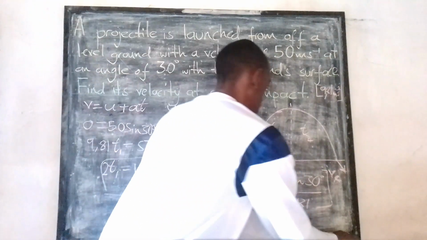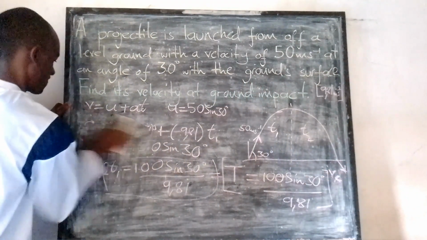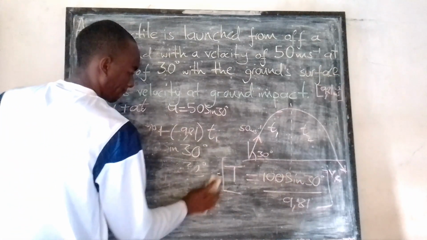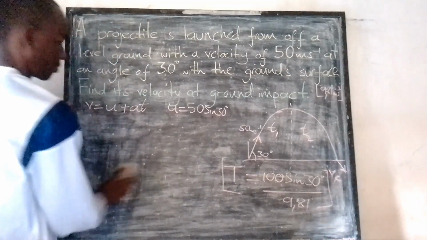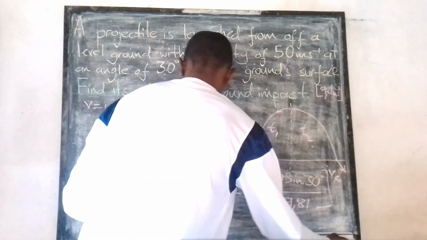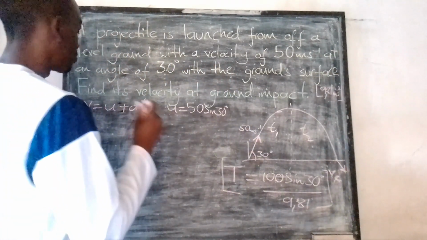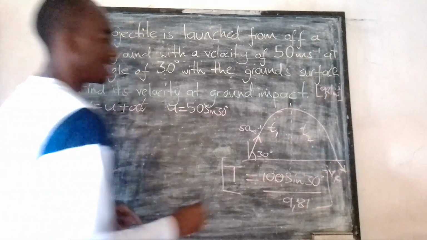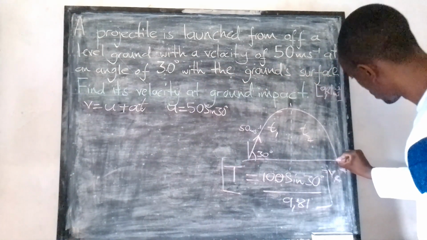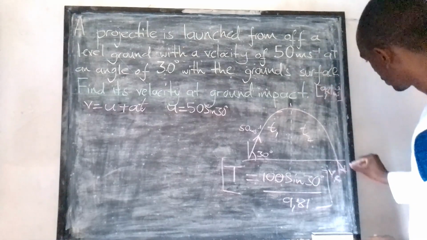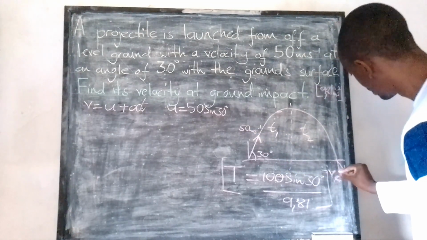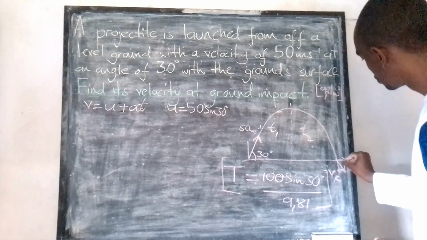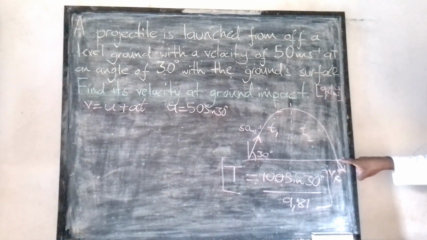So I'm going to rub this portion now. Now we want to find the final vertical component of the velocity. We want to find this part. We can already calculate this. It's easy. That's 50 cos 30. But we want to find this component of the velocity, so that we add these two and get the velocity at impact.